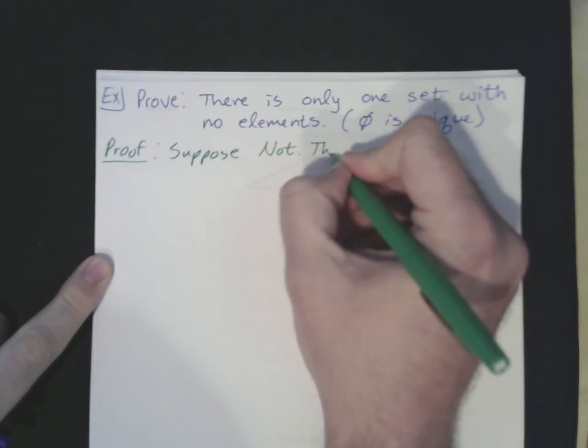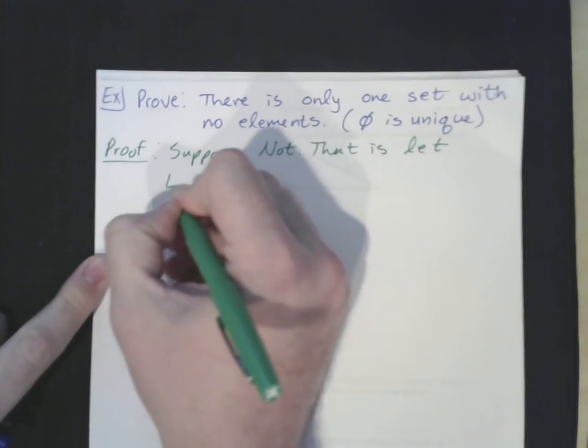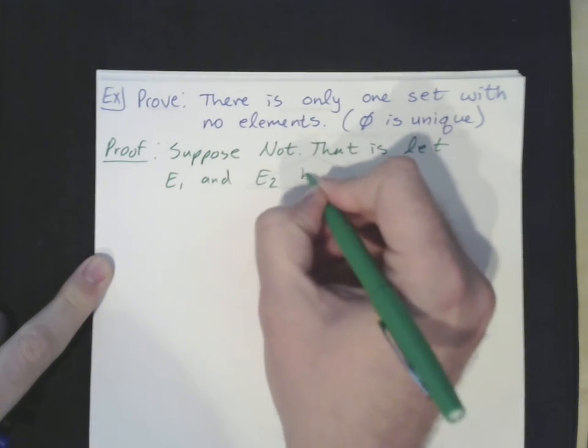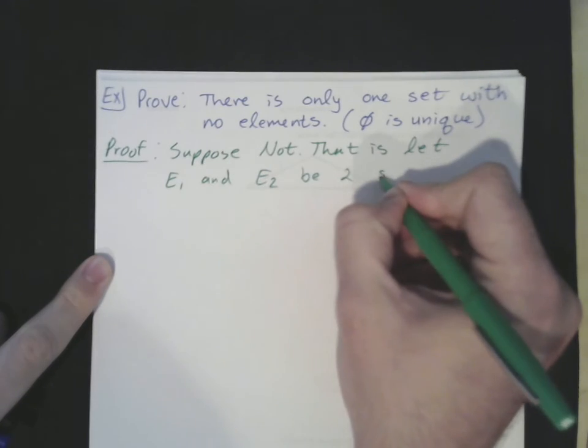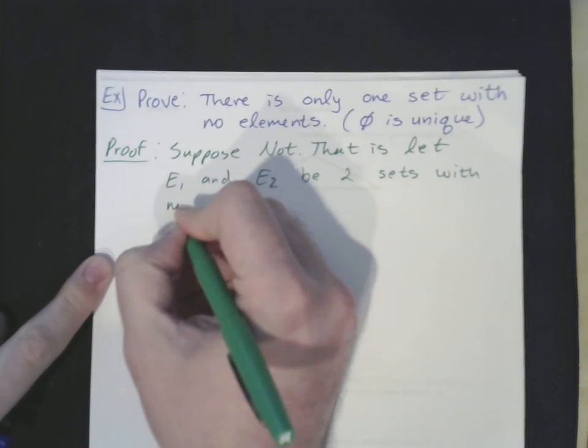That is, let E1 and E2 be two sets with no elements.